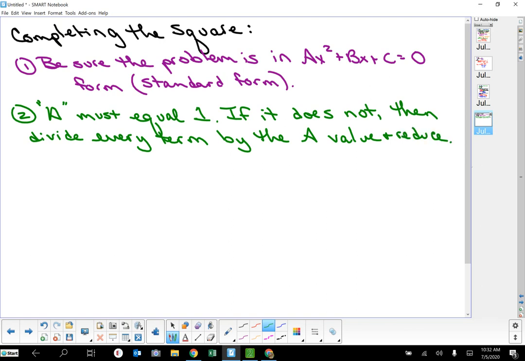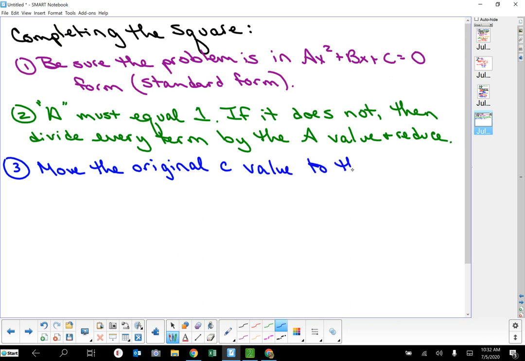Okay, I'm purposely going to pick some problems where a is not 1 right off the bat so that you get in the habit of doing that. All right, and then step 3 is going to be to move the c value, we'll call it the original c value, to the right side of the equation and replace it with a blank.